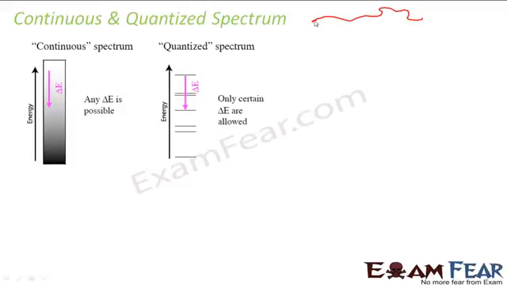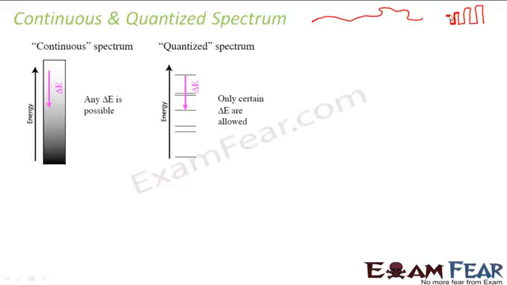At every instant, it has got a different value. Whereas if you look at a value like this, at every point it has got a distinct value. It is either high or it is low. That means it has got some discrete set of values.